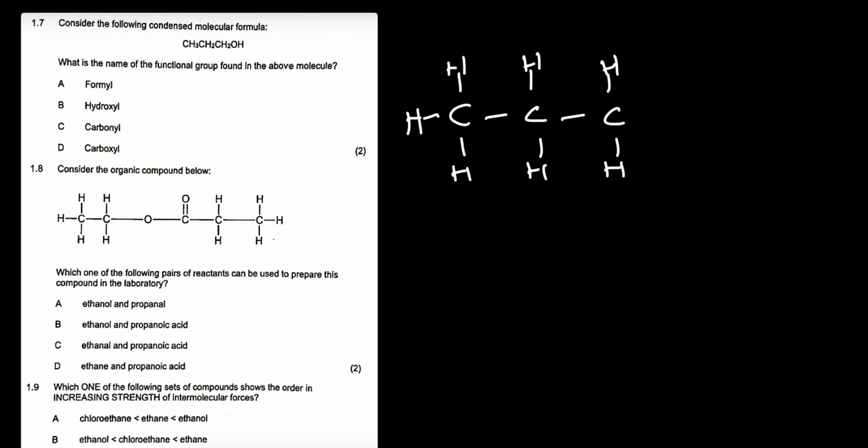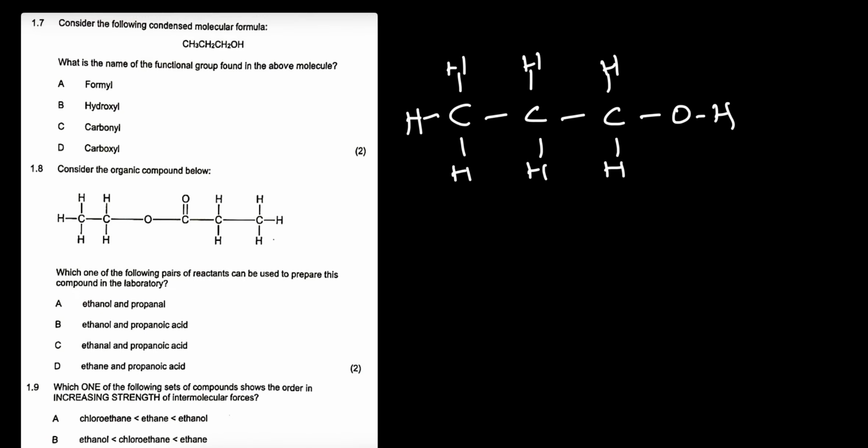So let me write this as a structural formula. We have the first carbon having 3 hydrogens, the second carbon with 2 hydrogens, and the third carbon with also 2 hydrogens, but it is also connected to a hydroxide.